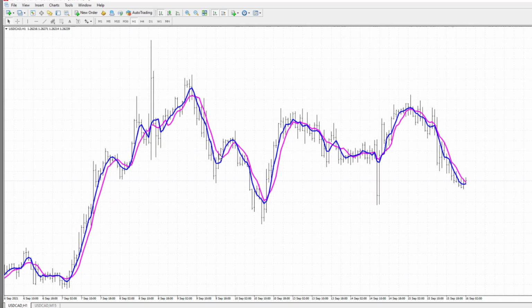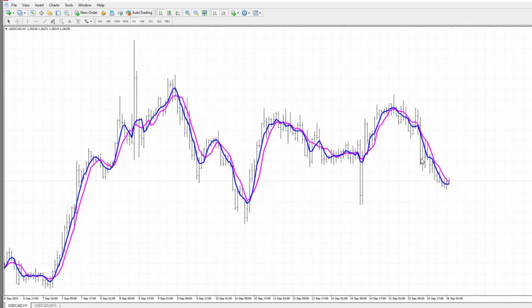Look at those trends, and those are the kind of trends that we're trying to catch. I want to get into the trend very quickly, and when I'm in the trend, I want to stay in the trend, and when the trend reverses, I want to get out as quickly as possible. That's why I like fast moving averages.